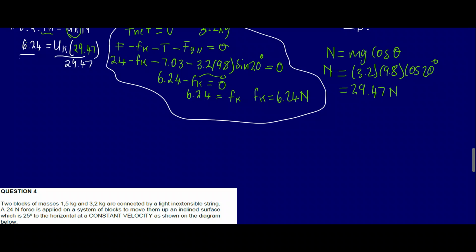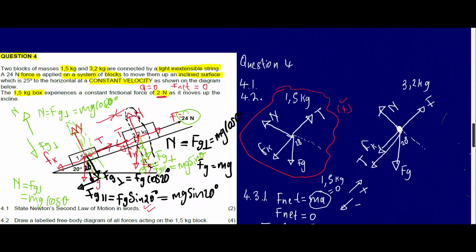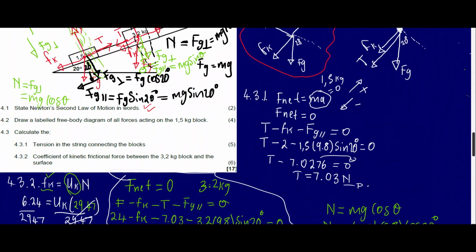Then we'll divide both sides by 29.47. So what is the mu k here? The mu k for the block is going to be 6.24 divided by the answer, and we'll get the mu k value to be 0.211, roughly that.